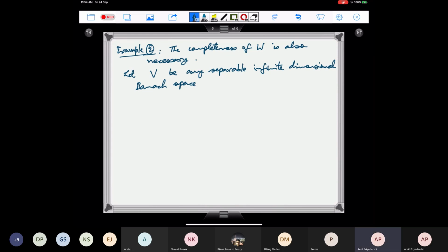So we are giving this for any separable infinite dimensional Banach space. For example, you can take say V equal to L1 or L2. So anything will do. For example, say V is equal to L2.